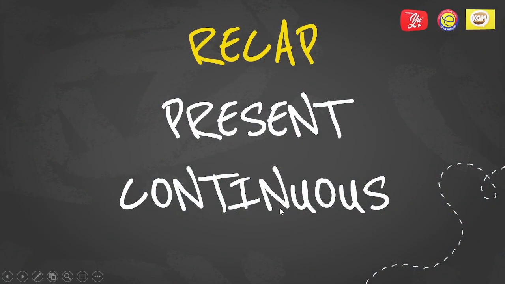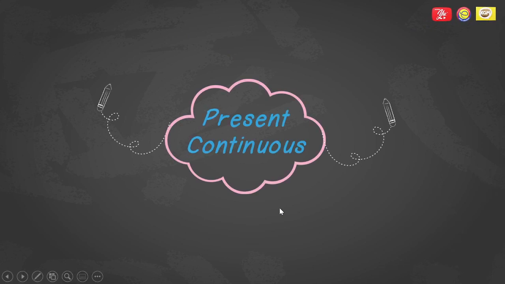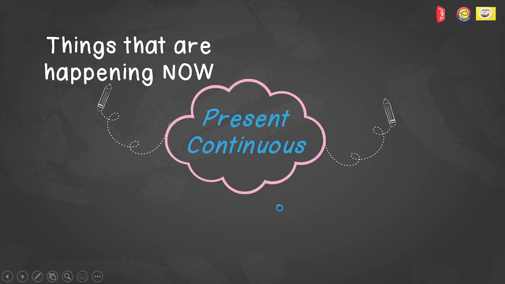Okay, so before we dive deeper into today's lesson, let's recap on what is a present continuous tense. Jom kita buat sedikit revision. Present continuous tense is used to talk about things that are happening now. Untuk bercakap atau bercerita tentang perkara yang sedang berlaku sekarang.